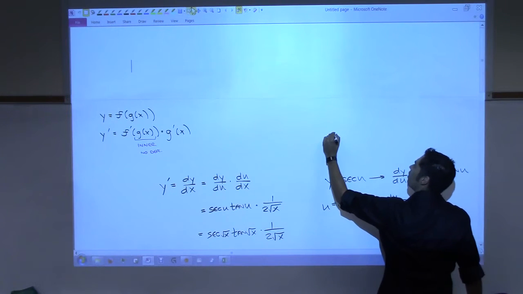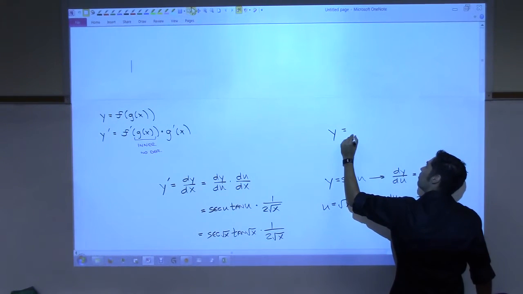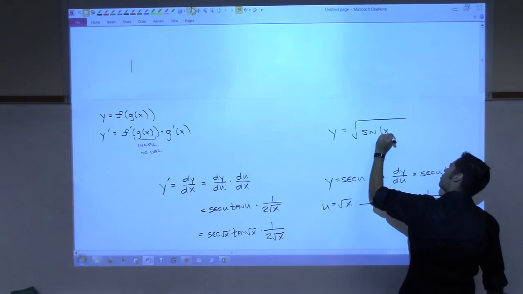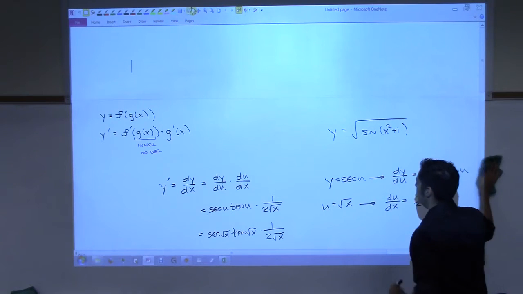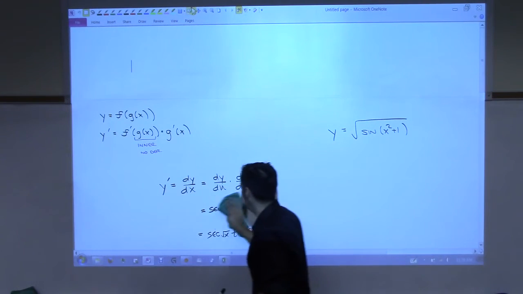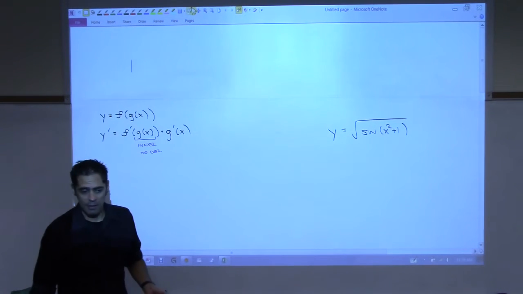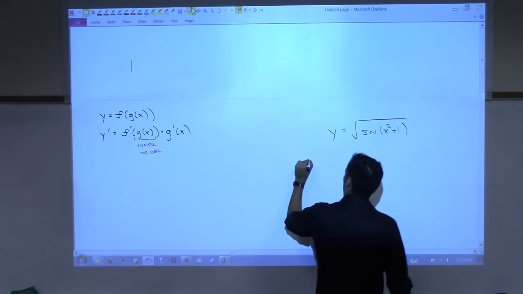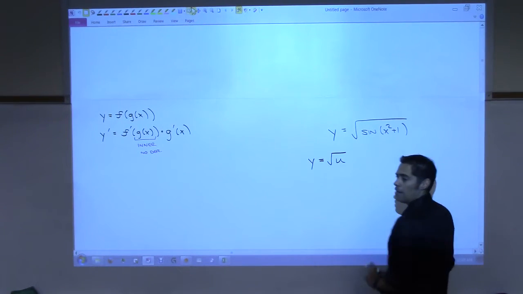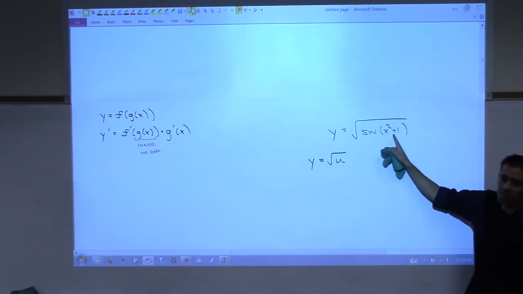What was the harder one that we did, f of g of h? It was y equals root sine of x squared plus 1. So let's see how Leibniz would have written this down. He would have said, all right, my outer function is root, right? So y is equal to root of something, and the something is sine of x squared plus 1.